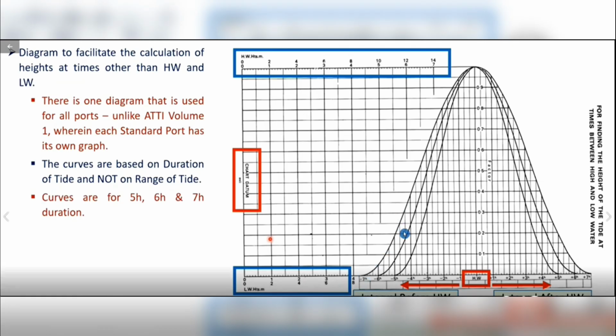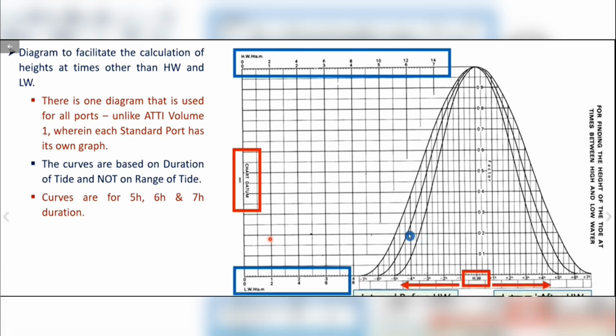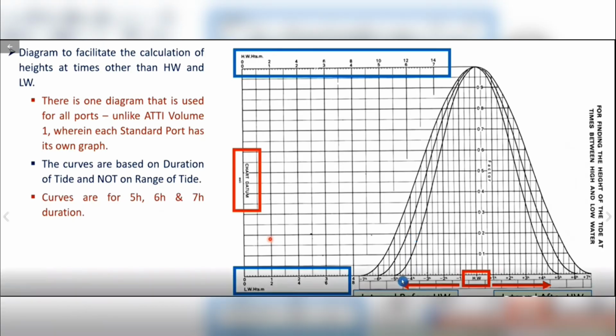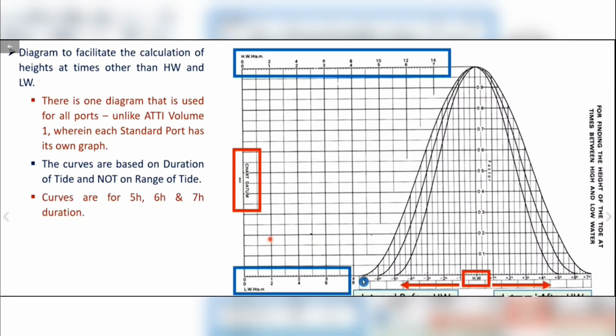If our duration is anything in between these values, let us say our duration of tide is 5.5 hours, then we will go in between the 5 and 6 curves. So exactly in the middle will be the particular curve which we should be using. In volume 1, this was not based on time, it was based on the range of tide. Clear beta? Understood?